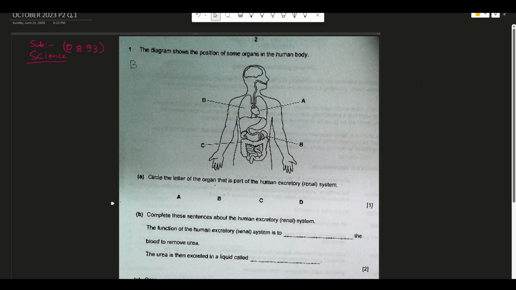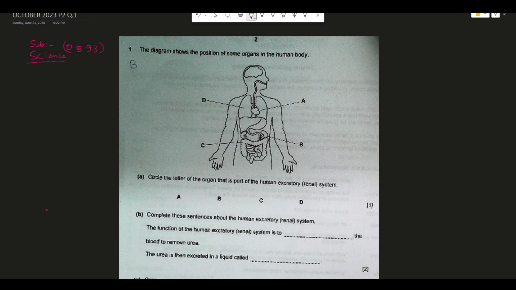The question says that the diagram shows the position of some organs in the human body. Now this is the diagram. Let me name all the parts that have been mentioned in the diagram so that you can answer the questions easily.